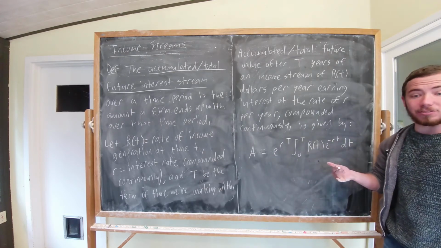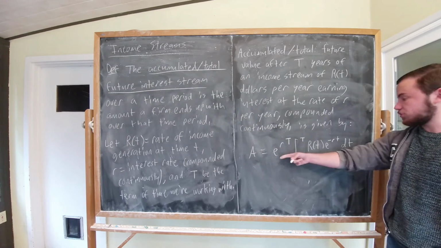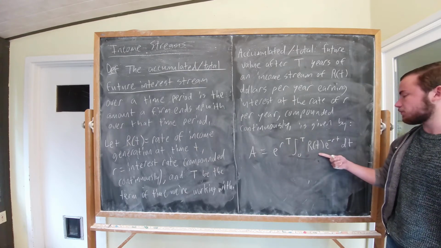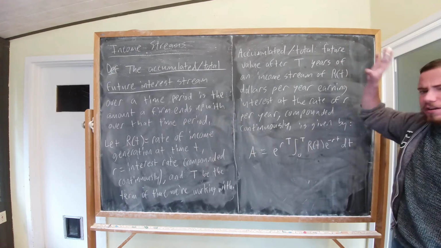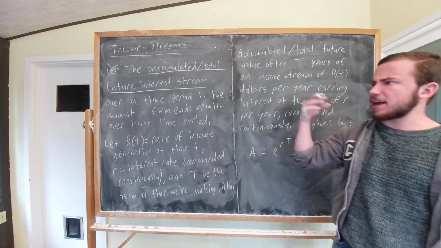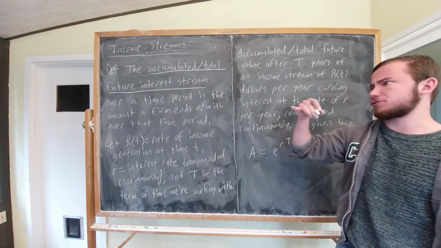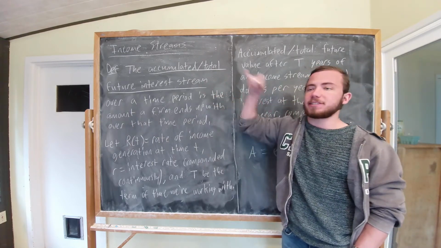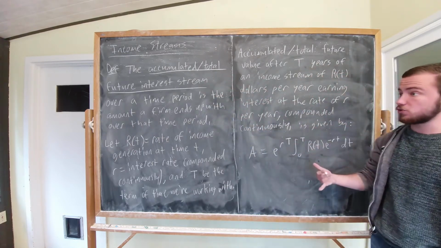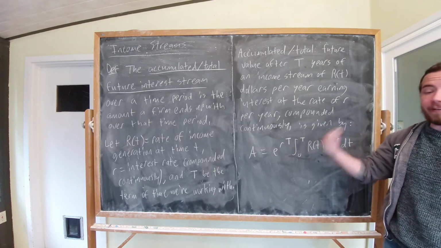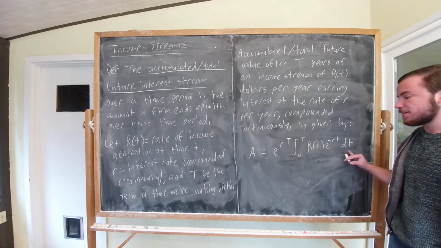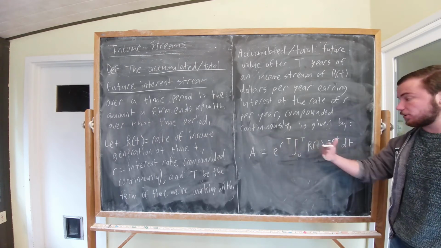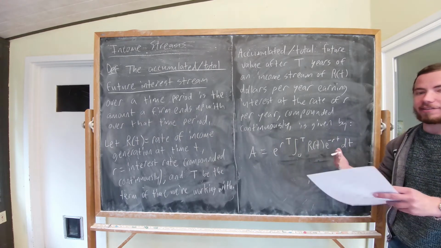I don't expect you guys to know or be able to do that, just be able to apply this formula here. So what this is saying is, if you're following that kind of business practice where you take your money and reinvest it, you make an interest stream, how much value do you get over the course of that time? This would be the final amount you would end up with in the account.